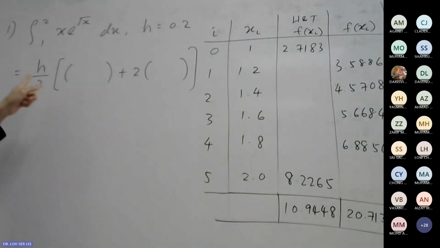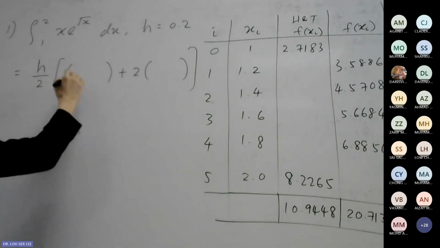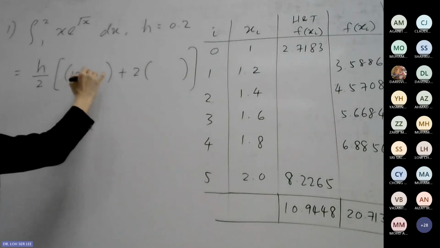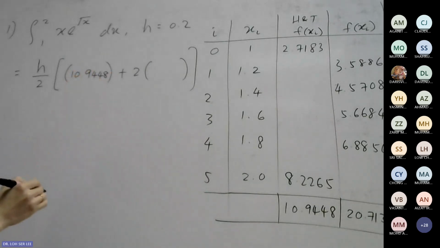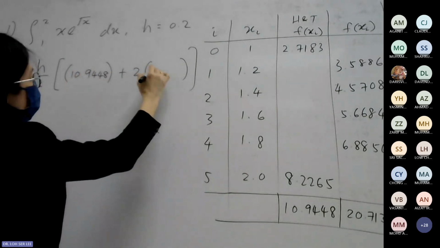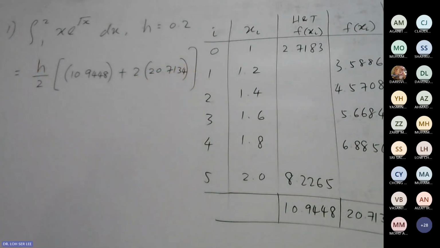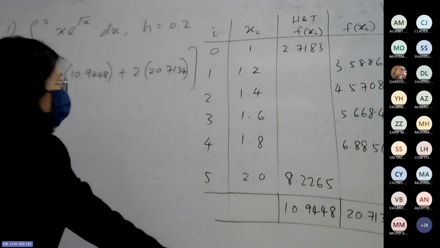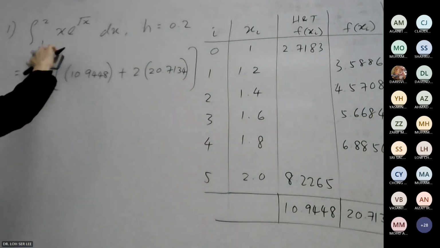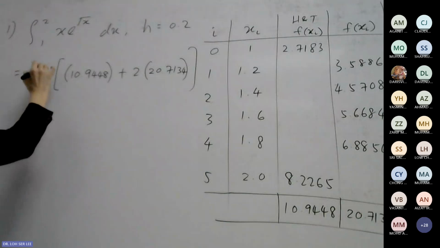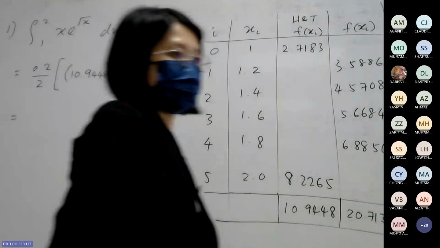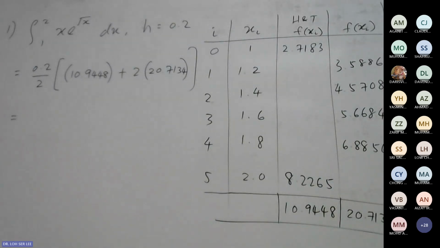So for trapezoidal, we need the sum of head and tail, and then the rest of the sum will be multiplied by 2. Your h is 0.2. So you should get 5.2372.